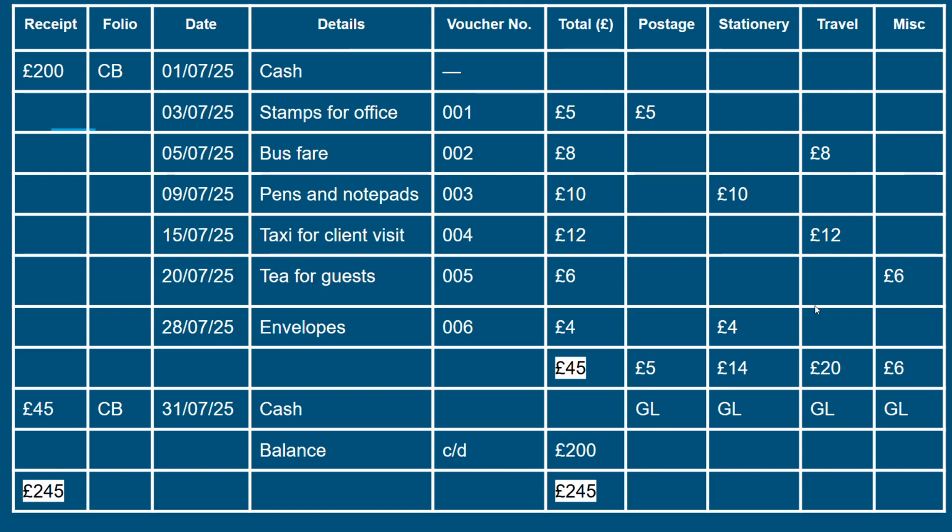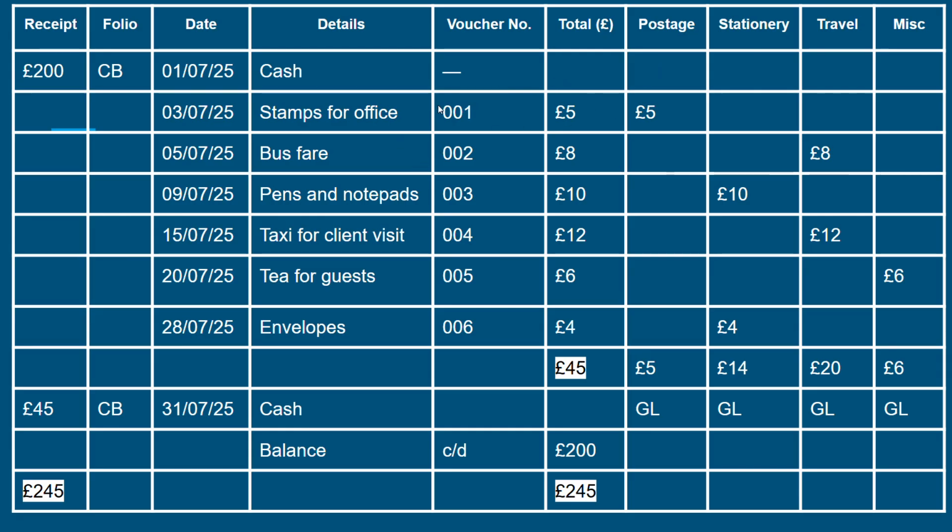Now, expense accounts are in the general ledger. And in the general ledger, you've got an account for every type of expense, like postage, stationery, travel, miscellaneous, and so on. Now, if we had an account for every small transaction happening, that's going to give you so many different accounts just for expenses.